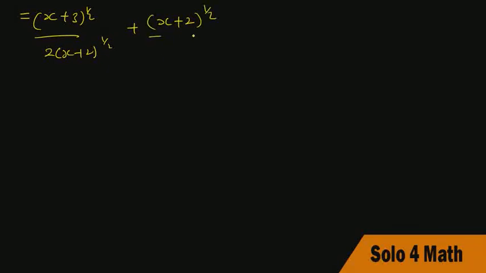Okay, if I rewrite this here, it will be the same as (x plus 3) to power a half over 2 into (x plus 2) to power a half, then plus (x plus 2) to power a half over 2 into (x plus 3) to power half.